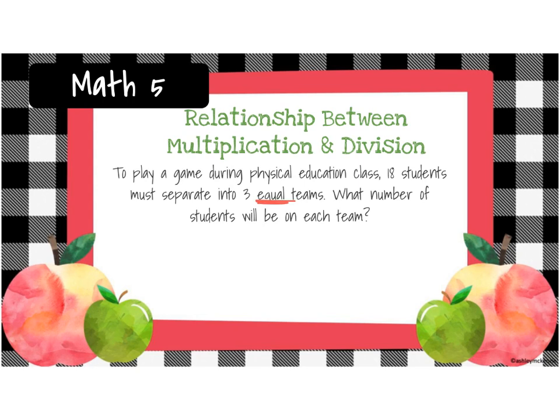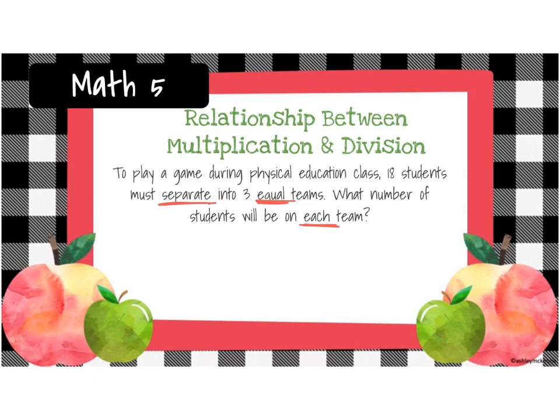What are some other key words that tell me I'm dividing? Well, it says what number of students will be on each team. Good. There's one other word that tells us that we're dividing. Separate. Yes.